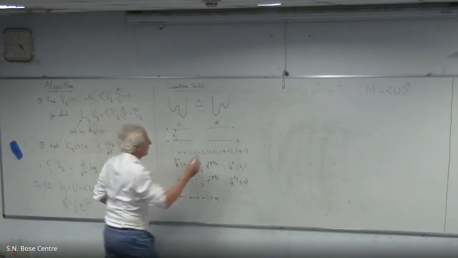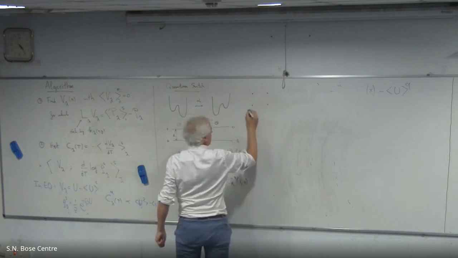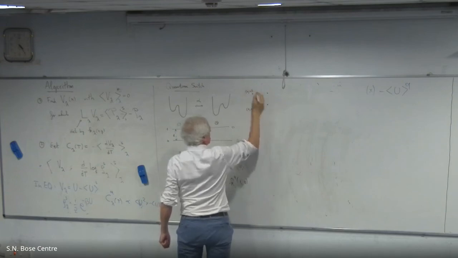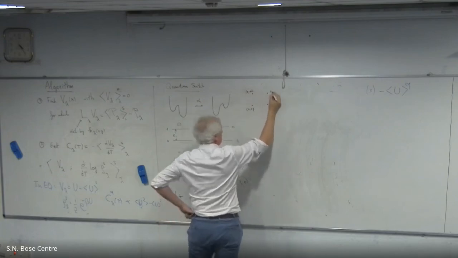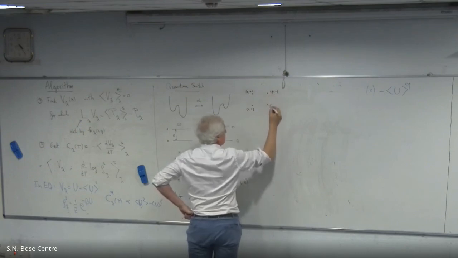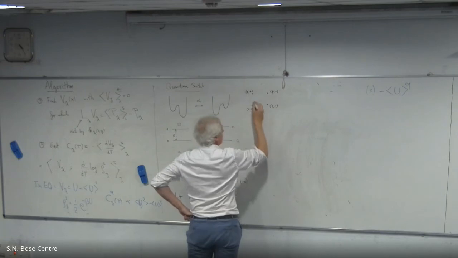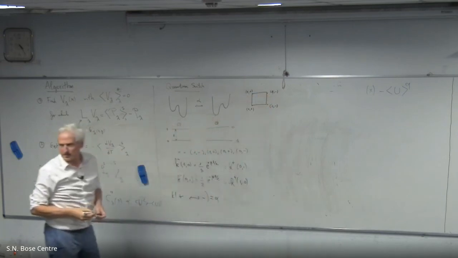It's easy to convince you that if I look at my 4 states here, so this is 0 plus, this is 0 minus, this is 1 plus, this is 1 minus, this is a 4-state Markov process, right?